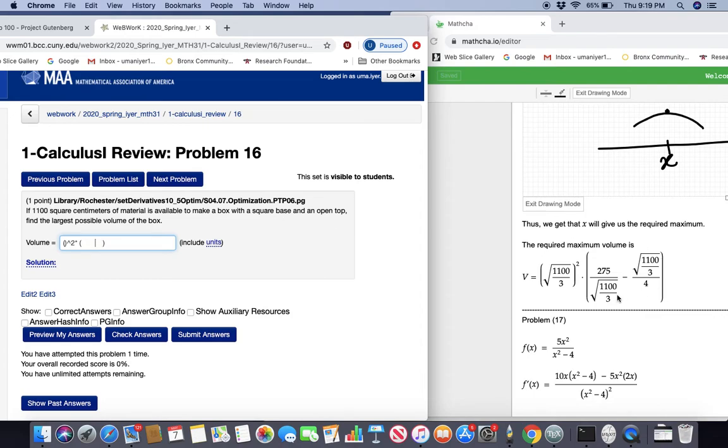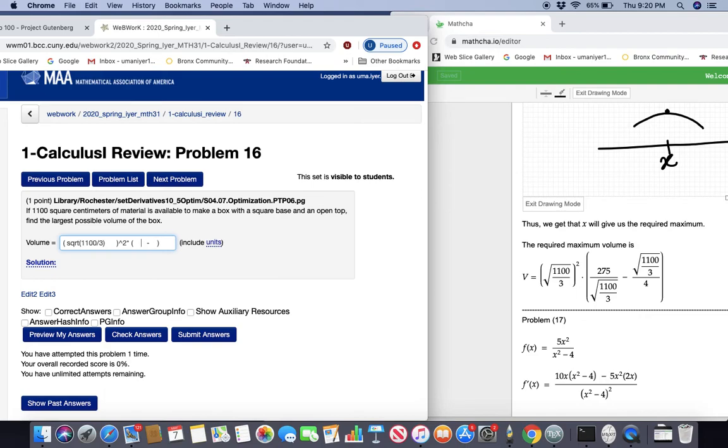So I have a large parenthesis there. Now start filling in, let's say, inside. This one is square root 1100 over 3. That quantity squared took care of the first one. In the second parenthesis, I have first a fraction, then minus another fraction. So let me write that minus out.